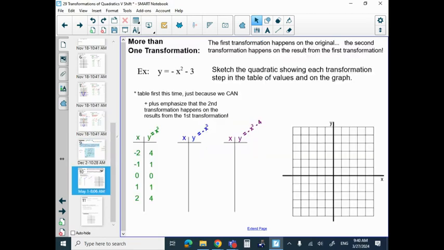And then the idea now is we can do the 2 that we've already talked about, one after the other. Okay, so this is more than one transformation. The first transformation happens on the original, talking about it up here now. The second transformation happens on the result from the first transformation. So we have our original, the regular quadratic that we just write down without a lot of calculations or thought, I'm hoping.